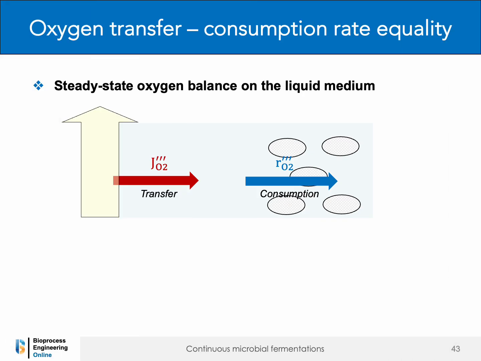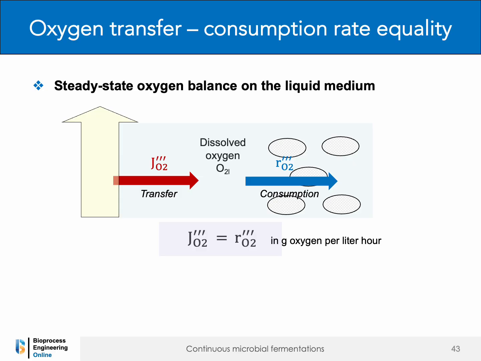Oxygen limitations arise when the dissolved oxygen concentration in the liquid phase falls to critically low levels. The dissolved oxygen concentration in the fermentation medium results from the instantaneous oxygen balance in the liquid phase of the fermenter. At any given time, this balance expresses the equality between the rate of oxygen transfer from the gas phase to the liquid and the rate of oxygen consumption by the microbial cells.